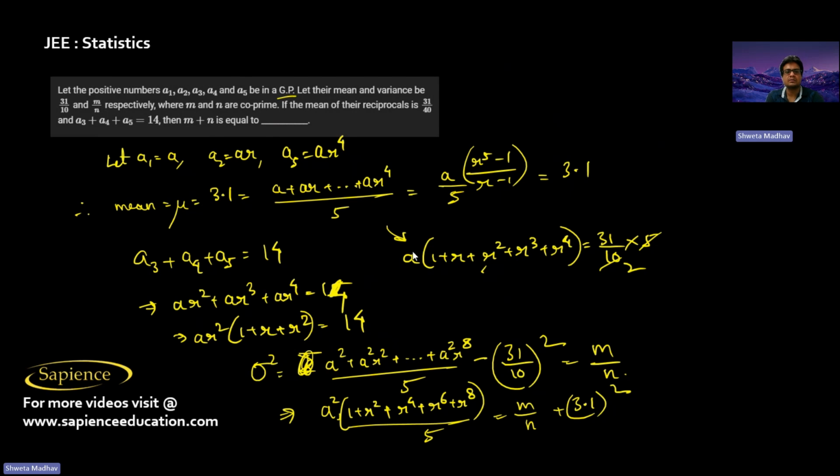It is told also the mean of their reciprocals is 31 by 40. Mean of the reciprocals is 31 by 40.